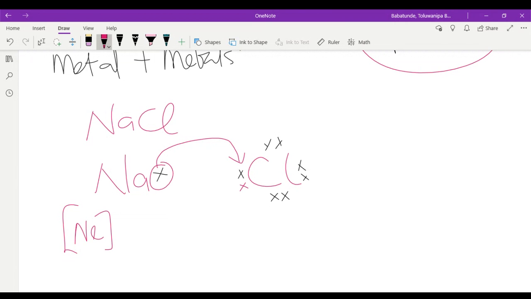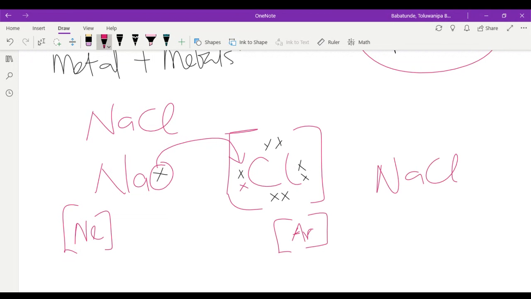Now chlorine is going to assume a stable structure with 8 electrons completed. So chlorine becomes like the noble gas that is after it, which is argon. This is how we draw the Lewis structure for sodium chloride.